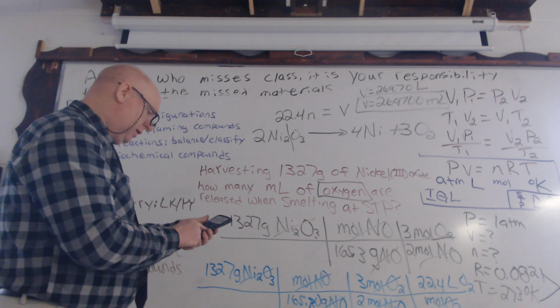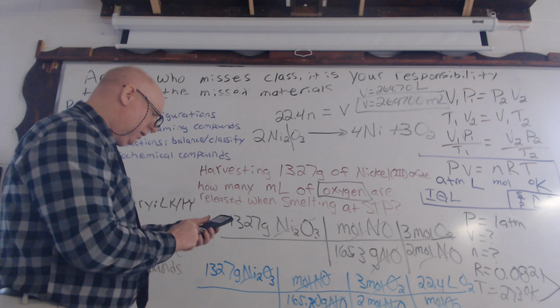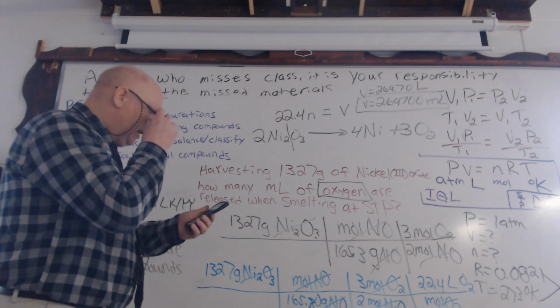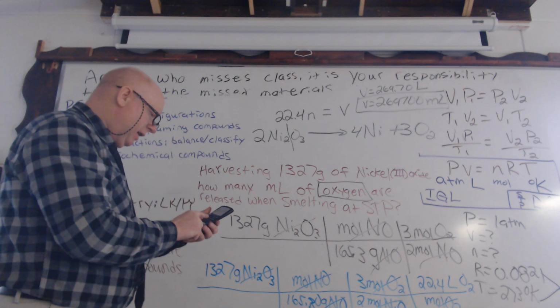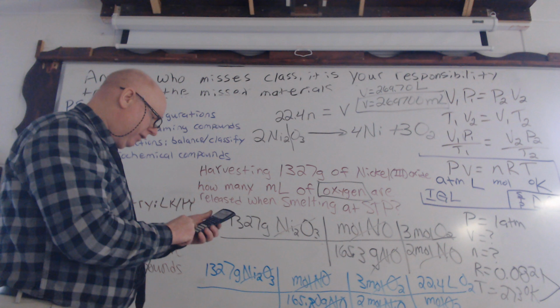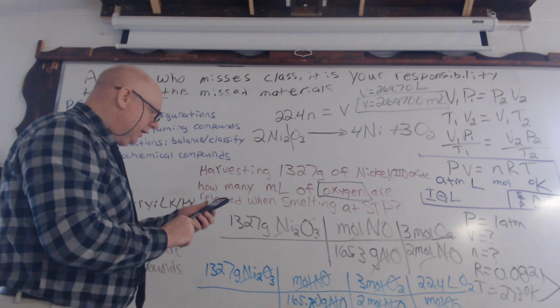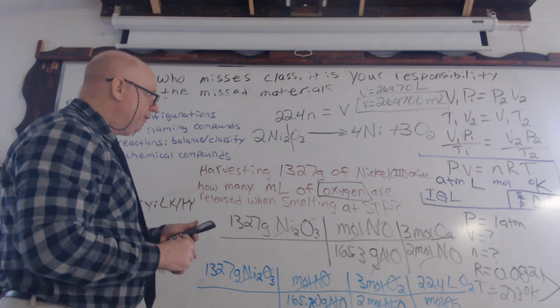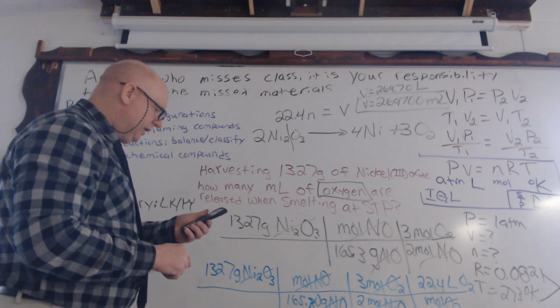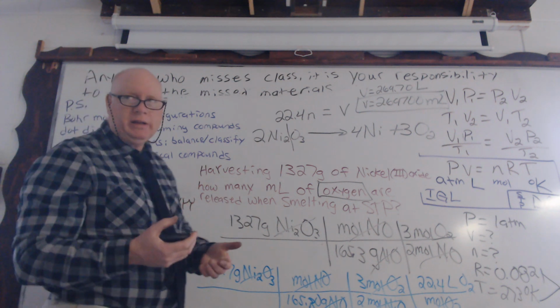Times 3 times 22.4. And that gives us 89,174.4. But if we divide that by 330.6, that gives us 269.73. Okay? But again, that's measured in what?